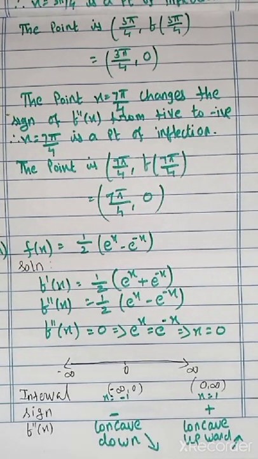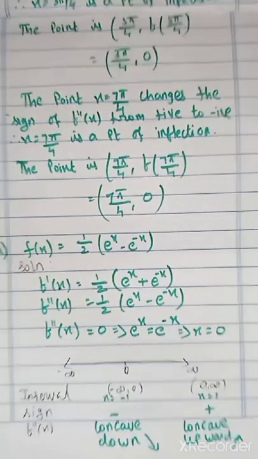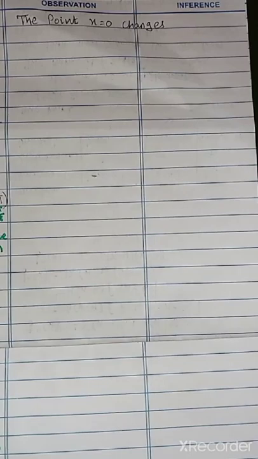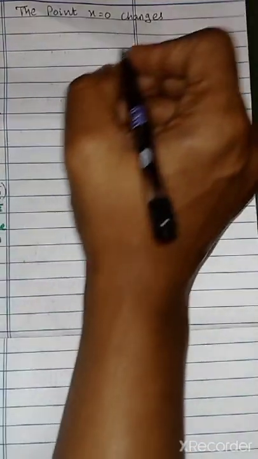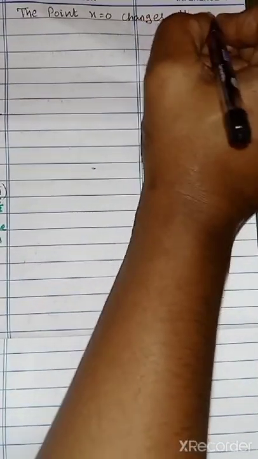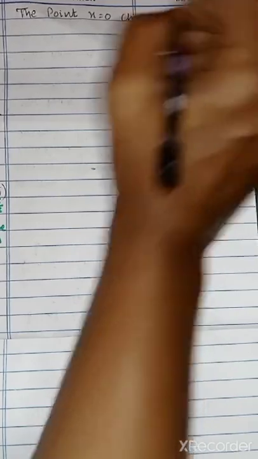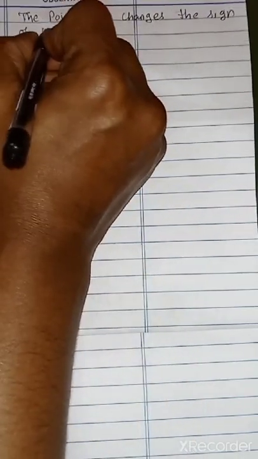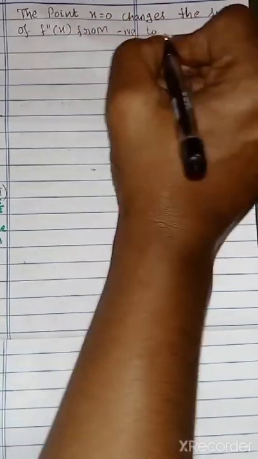Now what we have to find out? Point of inflection. So the point x equal to 0 changes the sign, correct? It changes the sign of f double dash of x from negative to positive, right?